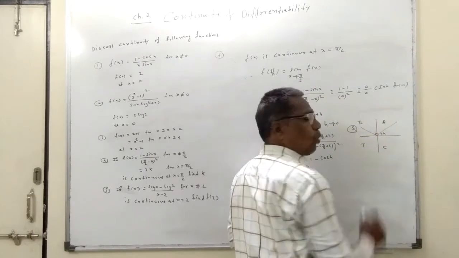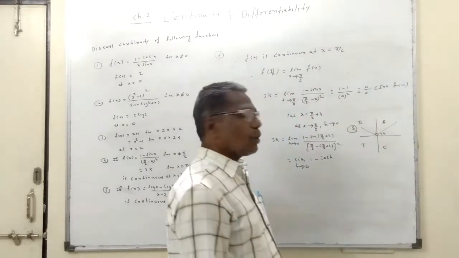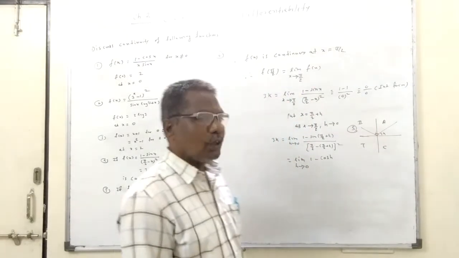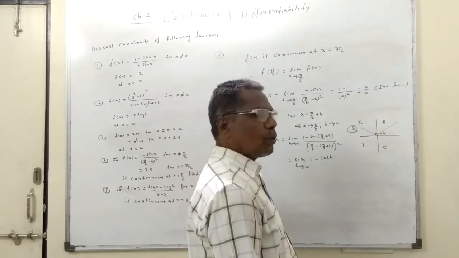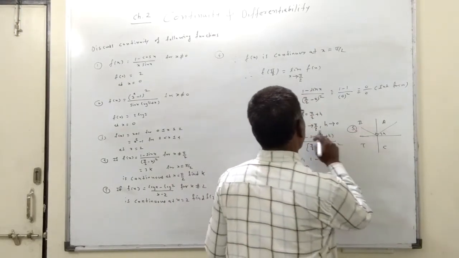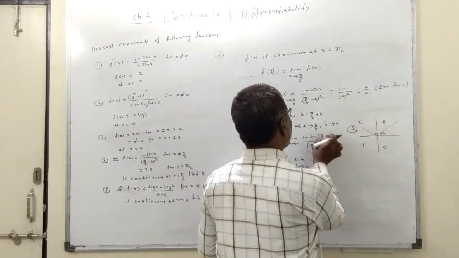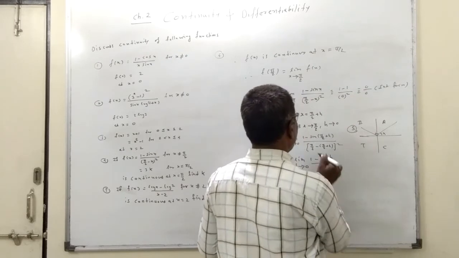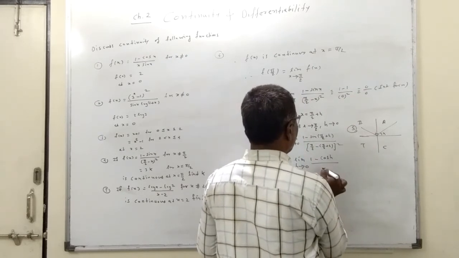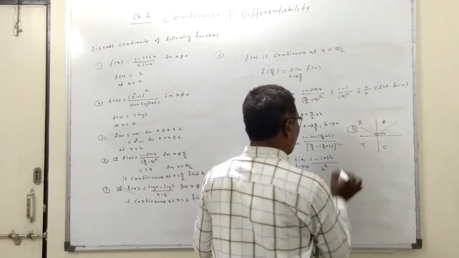That is, in the first quadrant all trigonometric ratios are positive, in the second quadrant only sin is positive, in the third quadrant tan is positive, and in the fourth quadrant cos is positive. Now the angle is in the second quadrant, the ratio is sin, so the plus sign comes, the minus sign remains as it is, divided by pi by 2 minus pi by 2 gets cancelled, minus h square means h square.